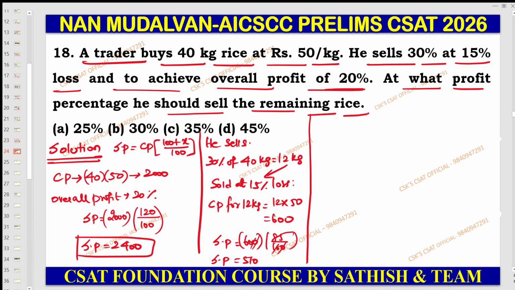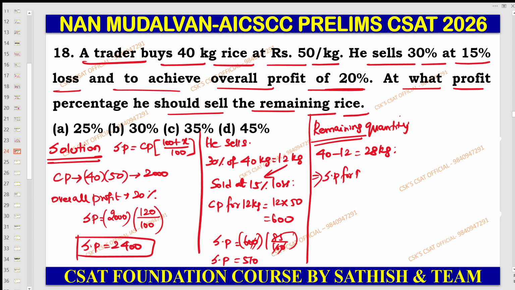So therefore, what is the remaining quantity? Let's find out the remaining quantity. Remaining quantity is 40 minus 12, which is 28 kg. This 28 kg must be sold.